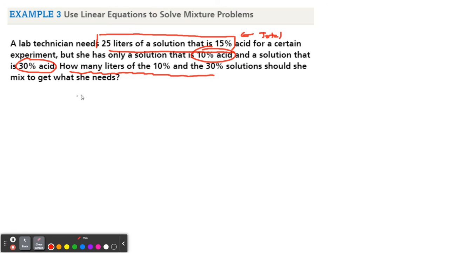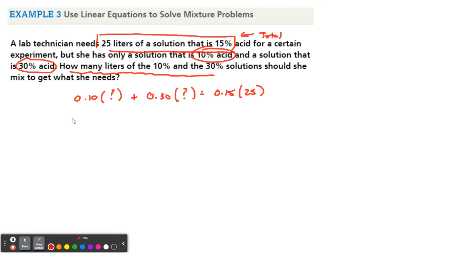So the idea here is, okay, I'm going to take 10% as a decimal, right? So 0.10. I'm going to multiply it by some number of liters. I'm going to add that to 0.30, the 30%, times another number of liters, and that needs to get me a 15% mixture of 25 liters.